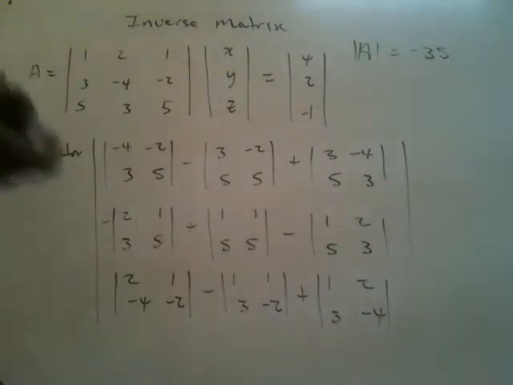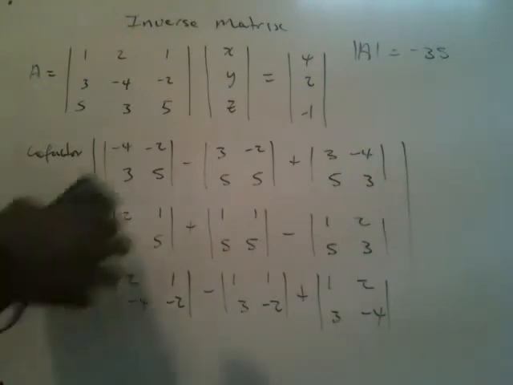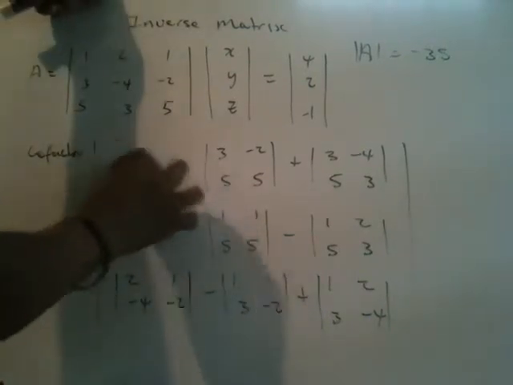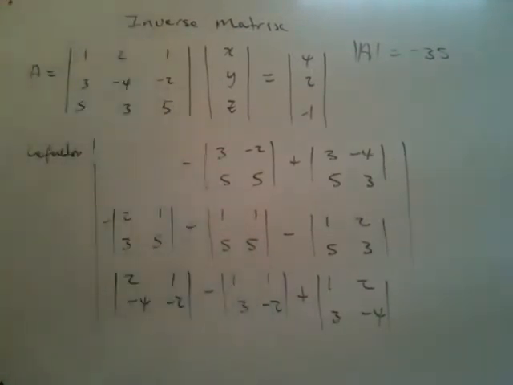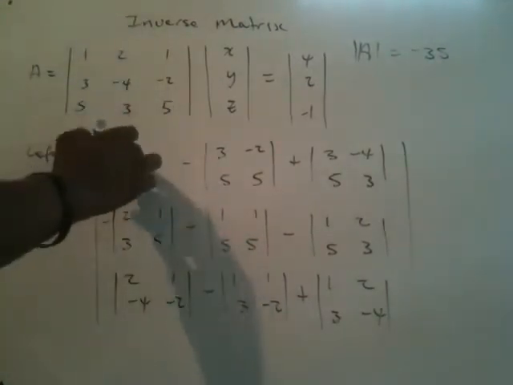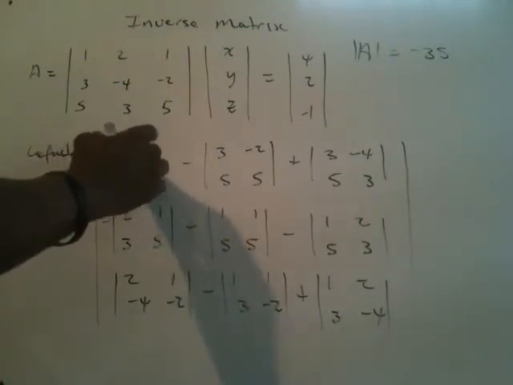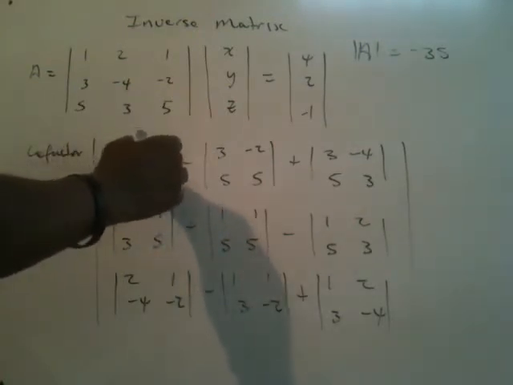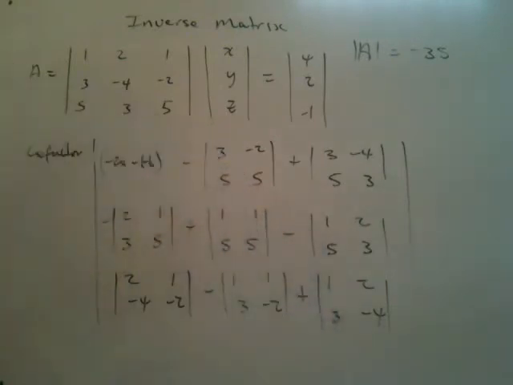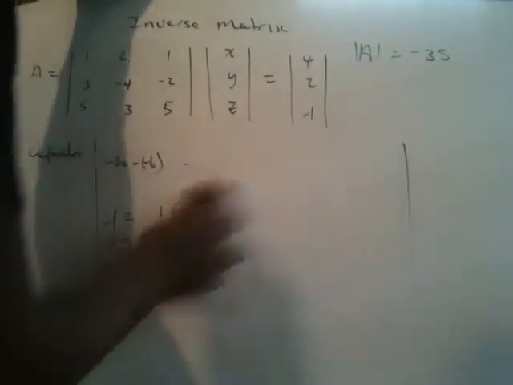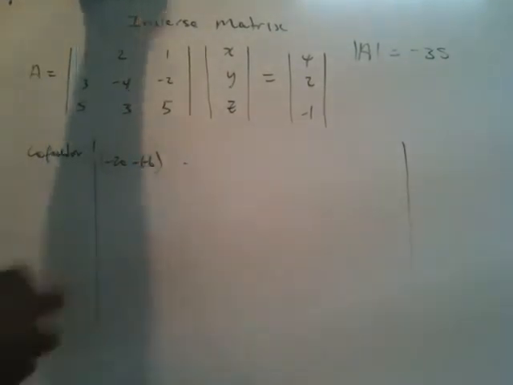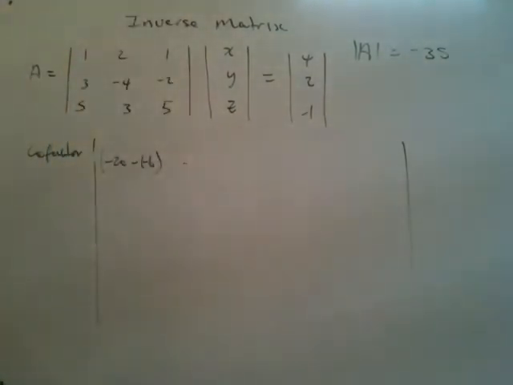Make sure you take off the signs. Now we remove this, and the determinant for this is -20 minus 6, and then we find the determinant for all of the elements to give the element itself.